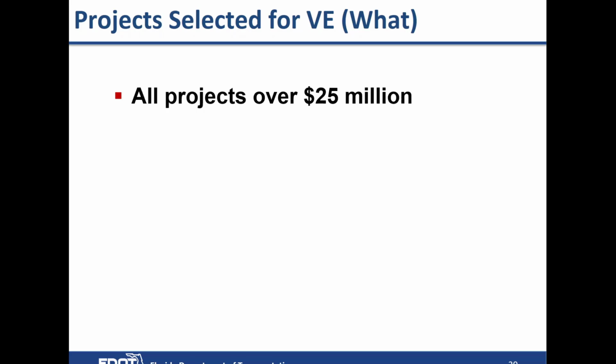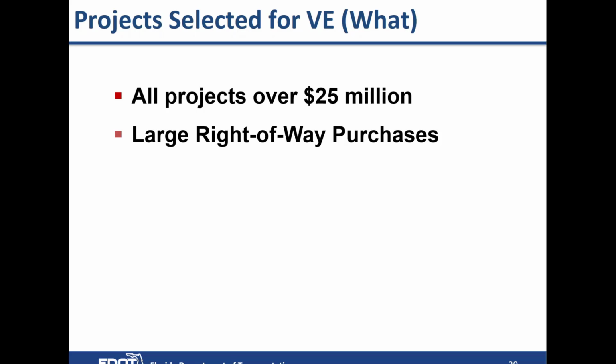So our candidates for what's being studied is any project over 25 million. And that doesn't matter on what kind of money it is paid, whether it's federal money, state money, and it doesn't matter on the delivery method, whether it's design build or design bid build. Typically, we do projects that have large right-of-way purchases. Those are typically studied because those costs usually equate more than 25 million and many times more than 50 million.